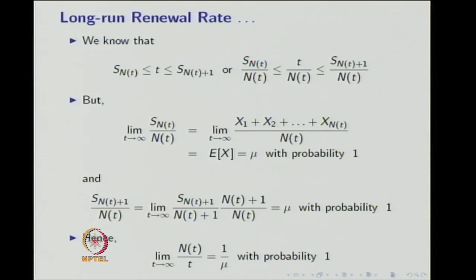Similarly, one can evaluate the last value, S_{N(t)+1} divided by N(t), that will also be mu with probability 1. Since t lies between S_{N(t)} and S_{N(t)+1}, and dividing throughout by N(t) in all three, as t tends to infinity, N(t) divided by t will be 1 divided by mu with probability 1.